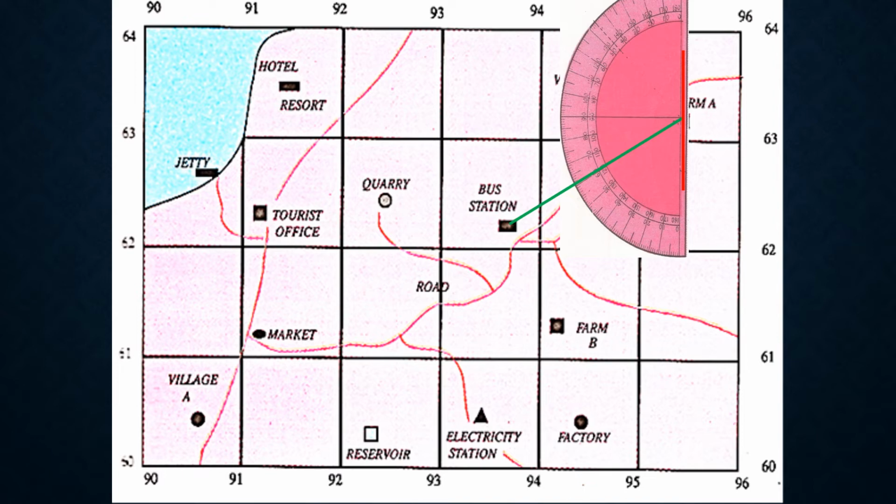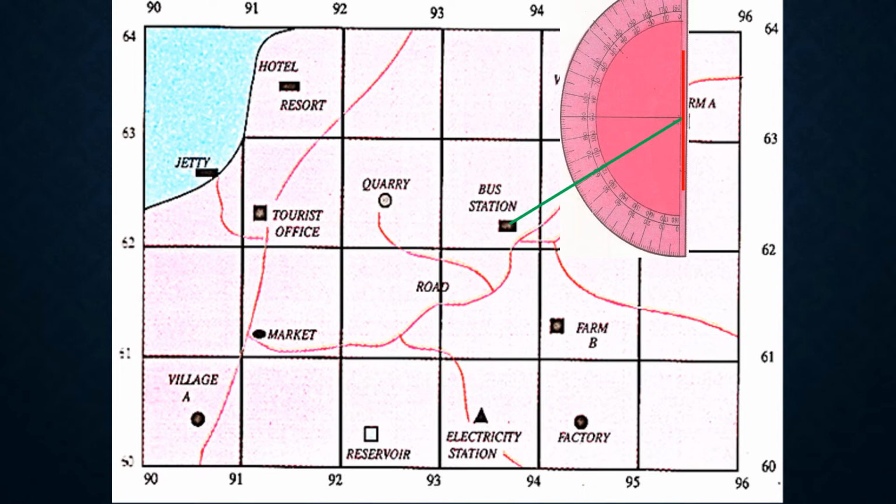So 61 plus 180. How much is that? My math is a little rusty, but let me see now. 61 plus 181 would give us 1 right there, then the 8 would give us 14.